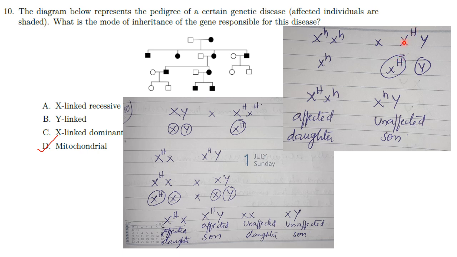So X capital H Y and X small h X small h, because the female is not affected with the disease. Now what progeny do you get? You get affected daughter and unaffected son. But here you can see that in the cross both the children are unaffected. So this is not a case of X-linked dominant condition. It is purely mitochondrial inheritance. So the answer here is option D, that is mitochondria.